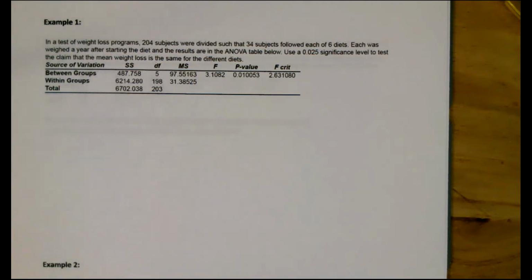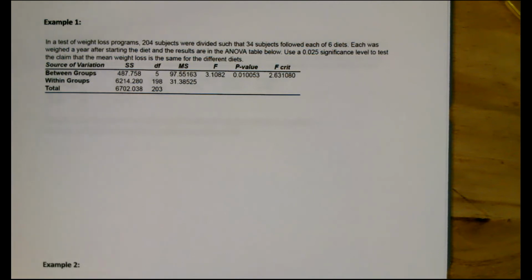All right, like in example 1. In a test of weight loss programs, 204 subjects were divided such that 34 subjects followed each of 6 diets. Each was weighed a year after starting the diet, and the results are in the ANOVA table below.